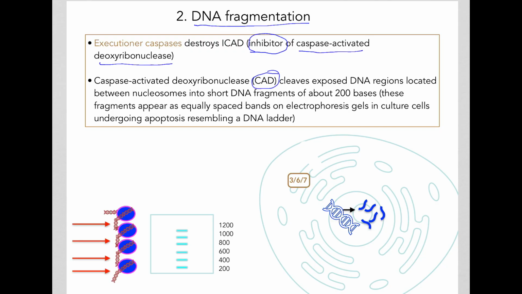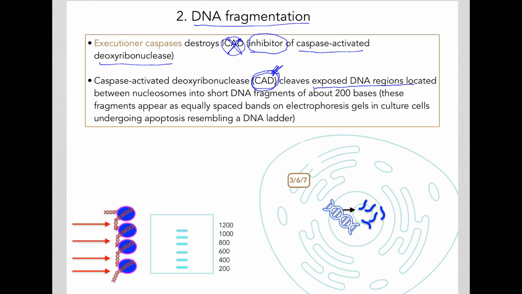So there is an inhibitor of CAD, what we call ICAD. When this ICAD protein is destroyed, CAD becomes active. And now this CAD will cleave those DNA regions that are exposed.